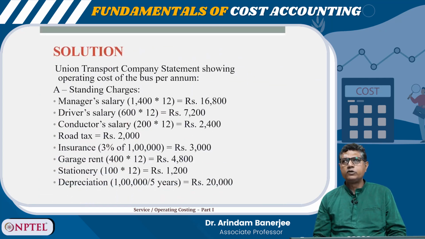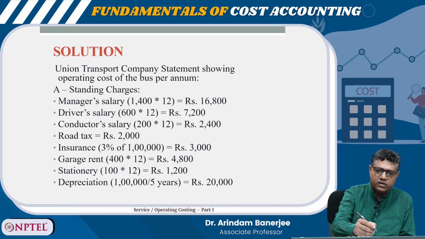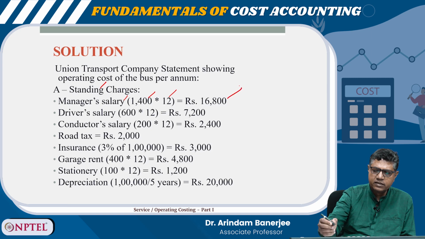So, Union Transport Company, statement showing the operating cost of the bus per annum. Standing charge means fixed charge. Manager's salary, 1400 per month into 12, rupees 16,800. Driver's salary 600 into 12, rupees 7,200. Conductor's salary 200 into 12, rupees 2400.